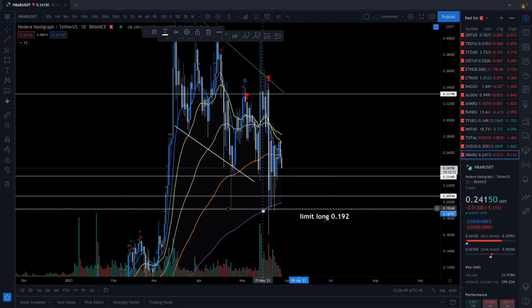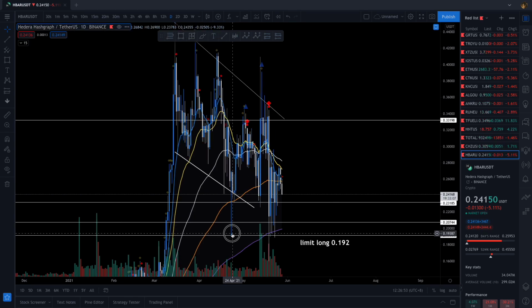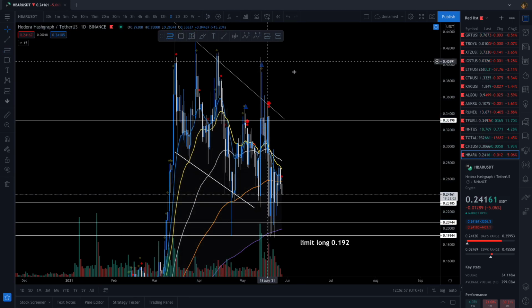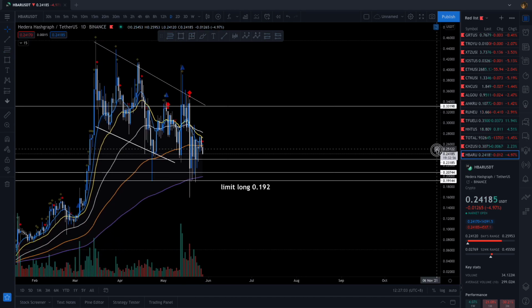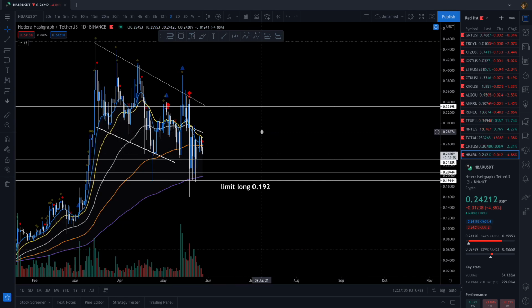Because back then this was the 200-day exponential moving average. And over here we found support as well. I believe this was some important fib level, so I had multiple confluences at around this level. So I called the limit order and I just forgot about it.